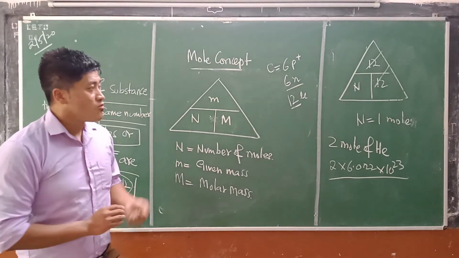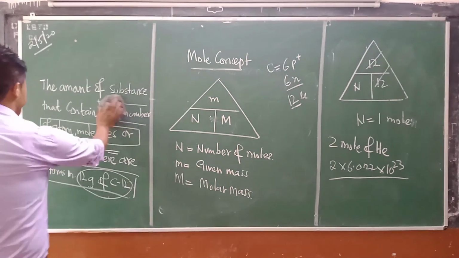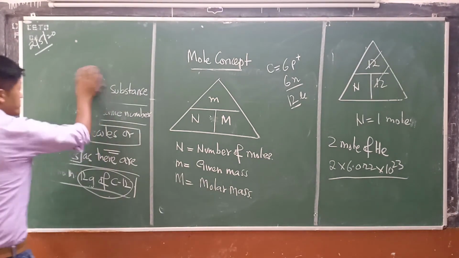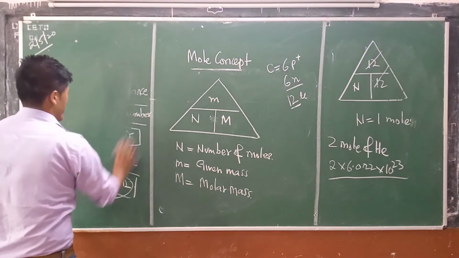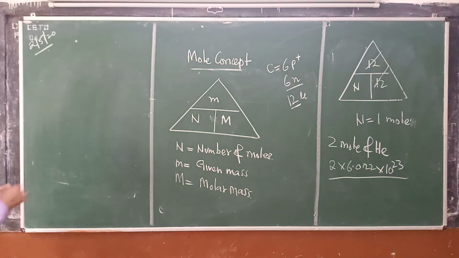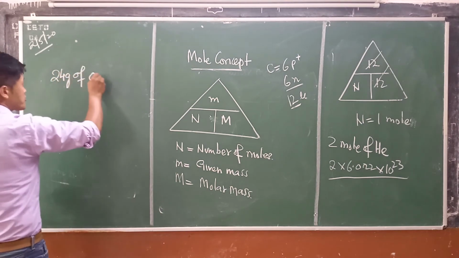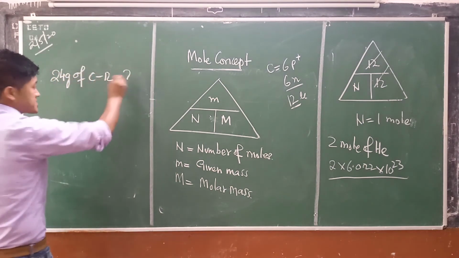Is that clear? For example, let's say they gave you 24 gram of carbon 12, how many moles are present in that?